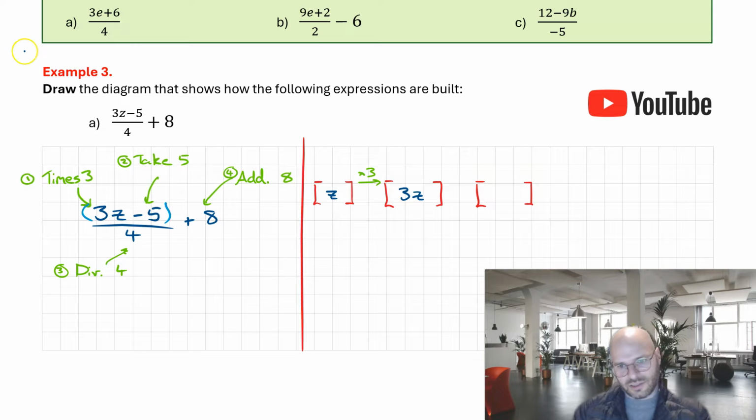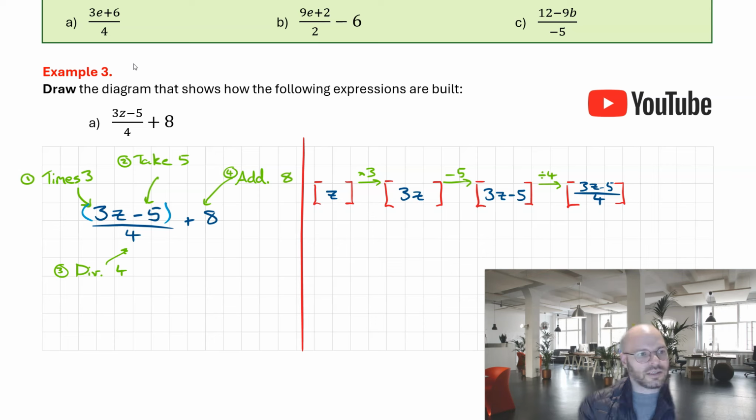Next, 3z is going to turn into 3z take 5 because we take 5. Next, 3z take 5 is going to turn into 3z take 5 over 4 because we're going to divide by 4.